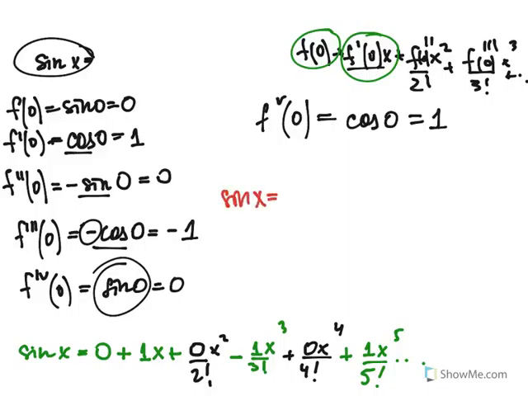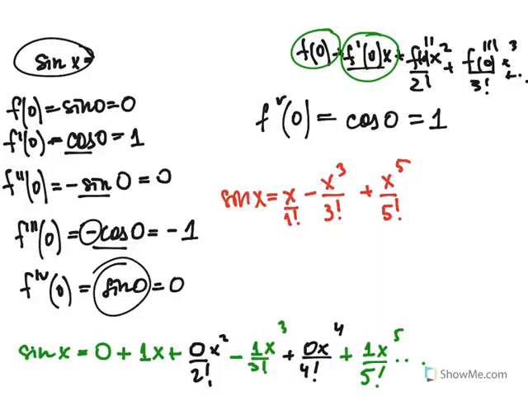You can express it in a polynomial form, which is x minus x cubed over 3 factorial plus x to the fifth over 5 factorial. I hope you noticed it's on the bottom. You get 1 factorial, 3 factorial, 5. Can you tell what's going to happen next?